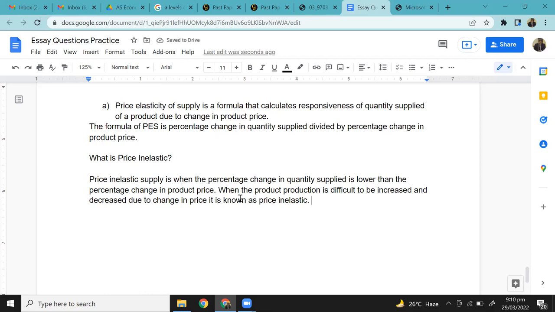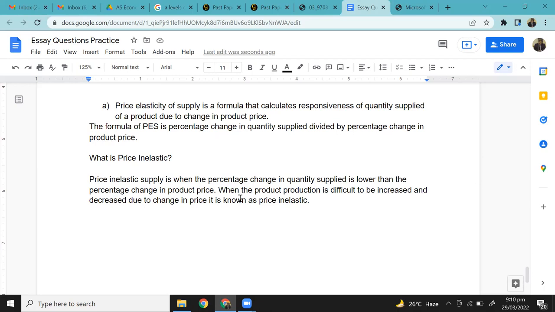Inelastic supply means that it's difficult to increase or decrease supply due to change in price. So it will be difficult to expand production when you need to, and it will be difficult to cut down on production when you need to. Is this making sense, students?